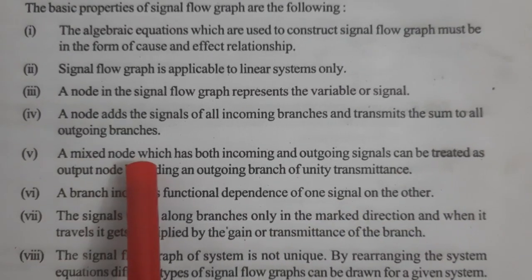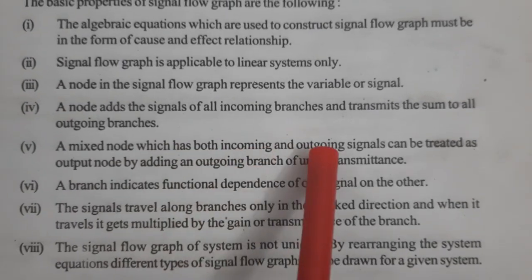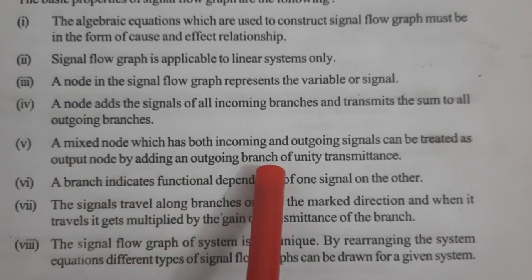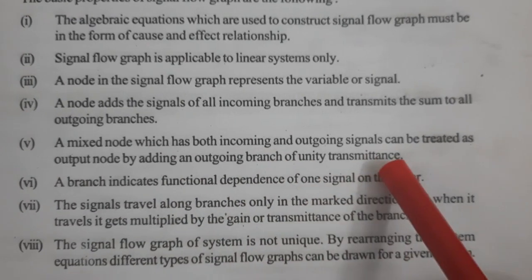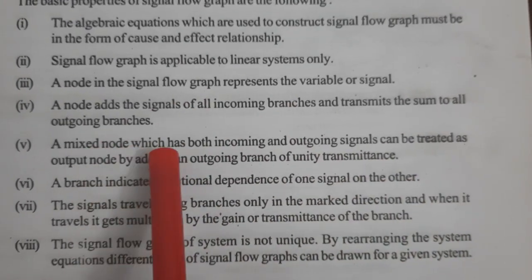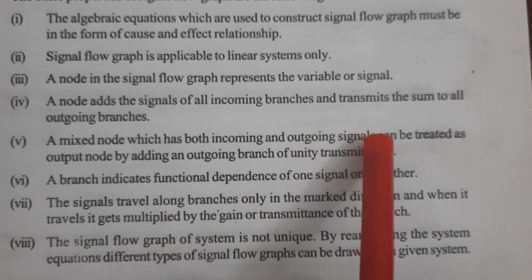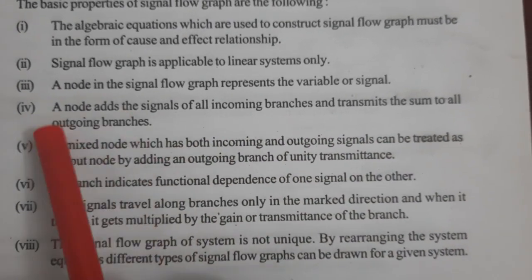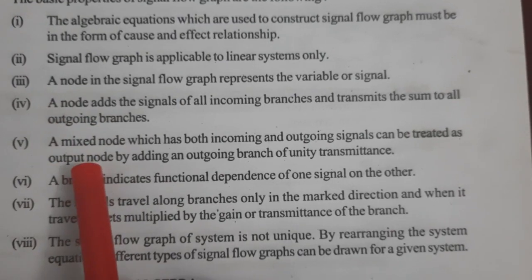The mixed node, which has both incoming and outgoing signals, can be treated as an output node by adding an outgoing branch of unity transmittance. So whenever a node has both incoming and outgoing signals, it can be treated as an output node by adding an outgoing branch of unity transmittance.